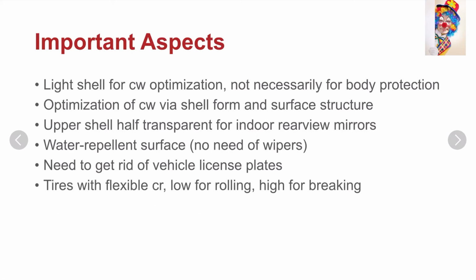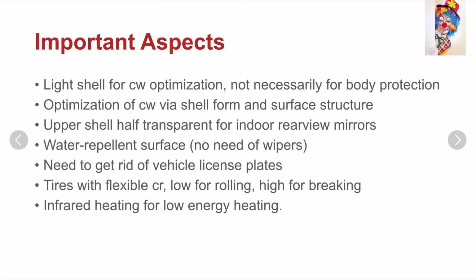And one of the big topics here, I think, which has not been addressed up to now, is that we need tires with a flexible rolling resistance coefficient. We must have it low for rolling, but high if we want to brake. I think we have this problem already with a Podbike. If you drive 60 kilometers per hour downhill and you have to make an emergency brake, I think, yeah.